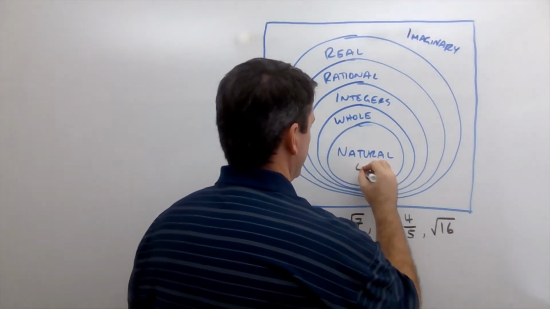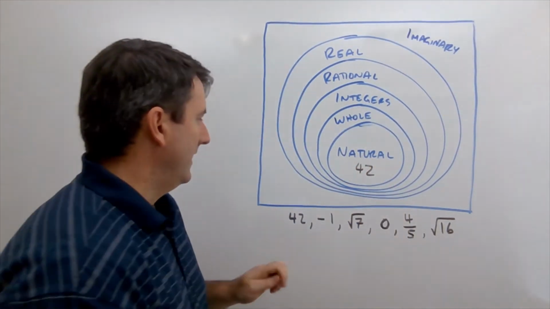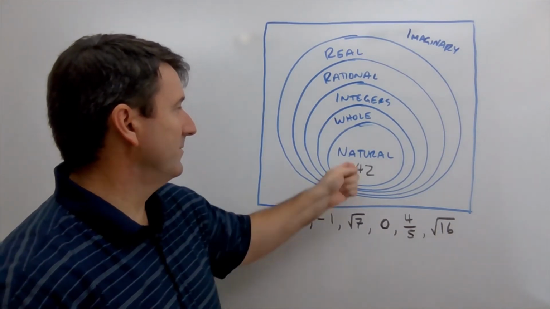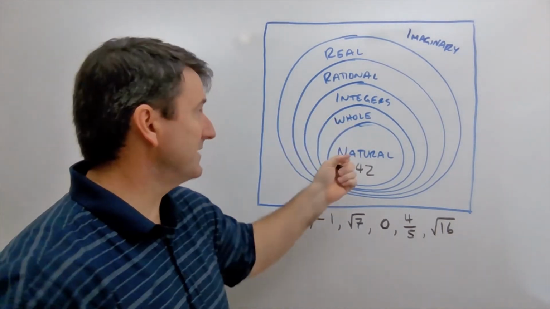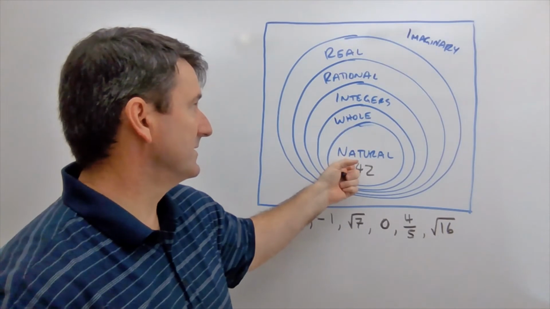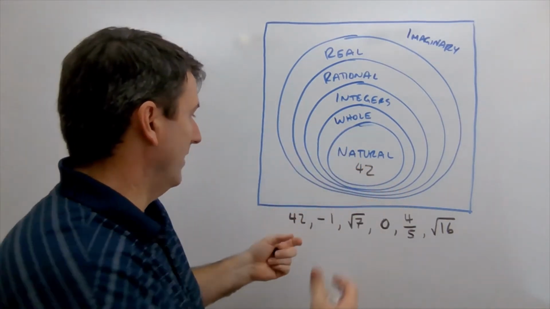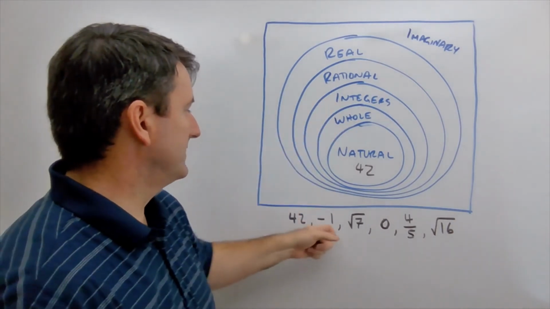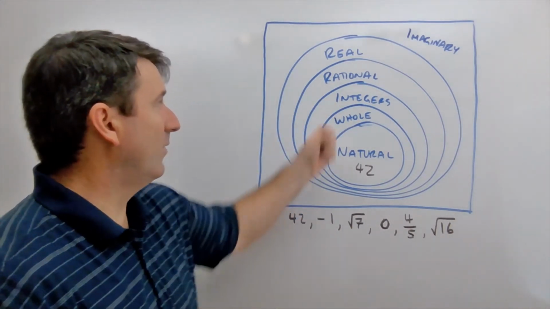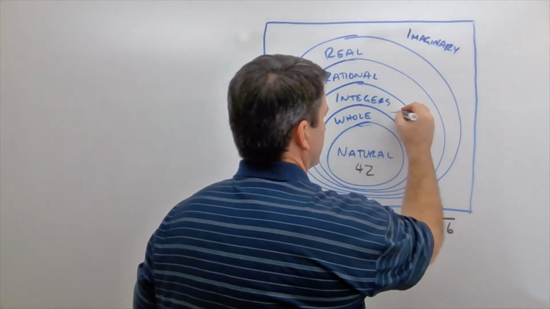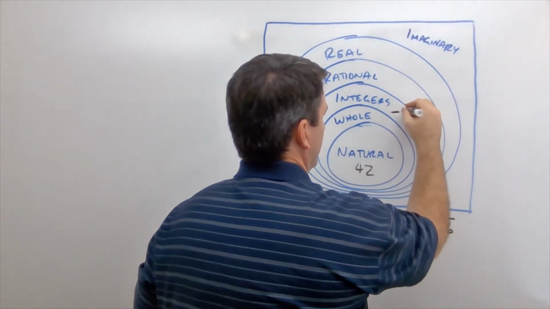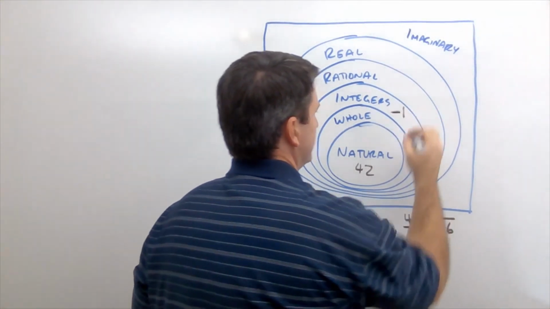We'll put that 42. -1. So remember, the natural numbers only include positive numbers. The whole numbers only include positive numbers plus 0. So the smallest set that's going to include -1 is going to be the integers. So that's going to be -1 right there in the set of integers.